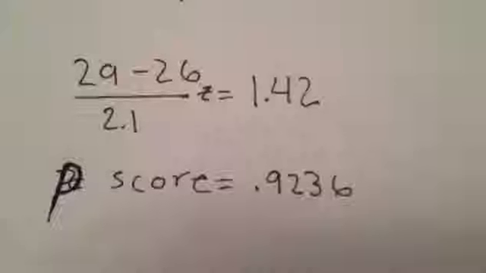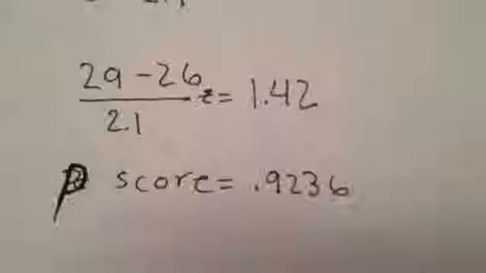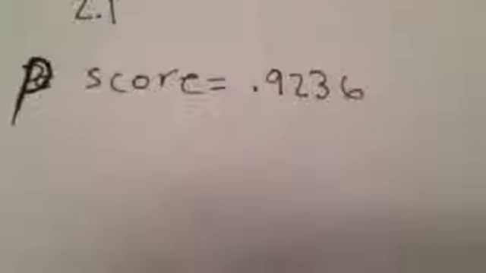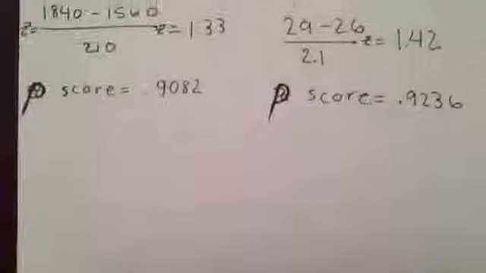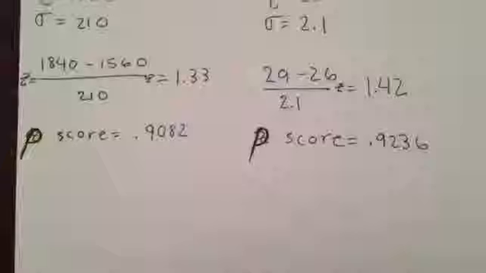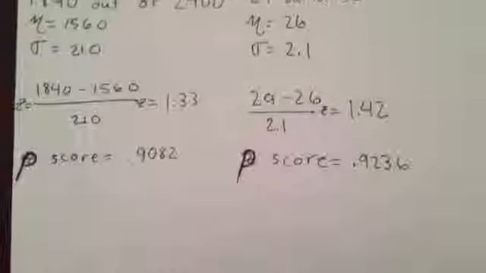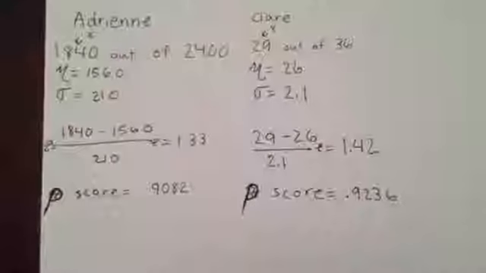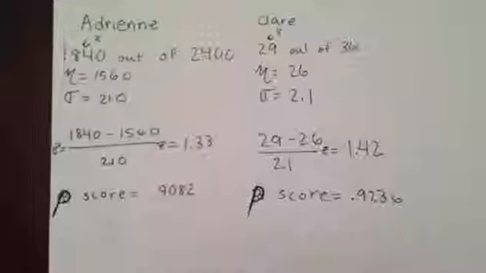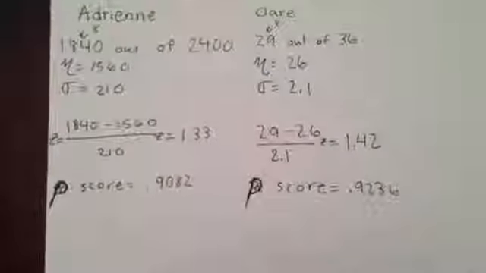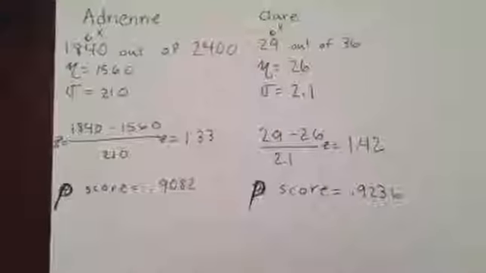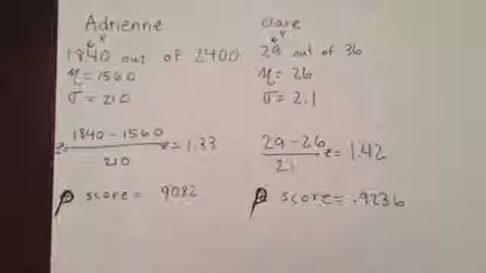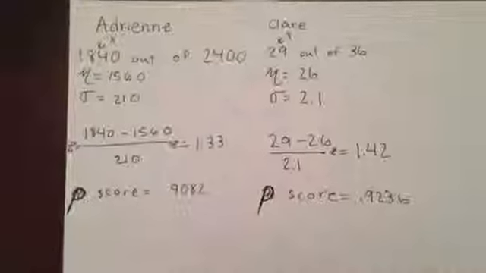This gives us a z-score of 1.42, and once we plug that into table A, we get a p-score of 0.9236. So once we have both of our p-scores, we want to compare our values, because now the values are standardized. They're based on the same scale, so we can see who truly did better. So Adrian's score is 0.9082 and Claire's is 0.9236, so we can tell that based on that one test, essentially Claire would have done better because her p-score value is higher.